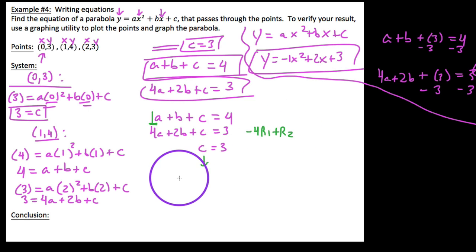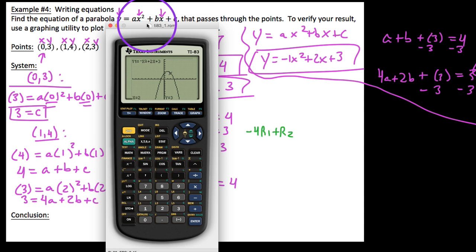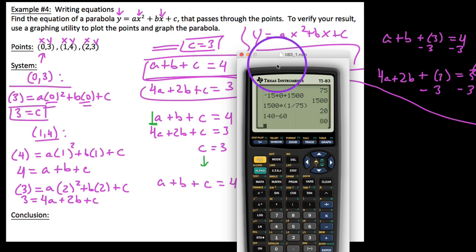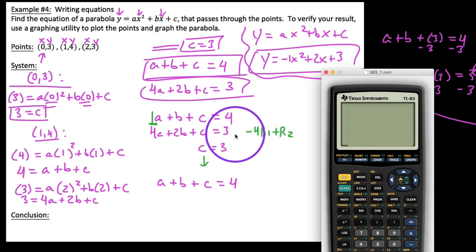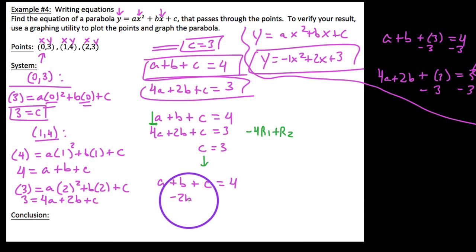So what that's going to do is it's going to produce a new system. Now equation 1 stays the same. Equation 2 though, let's get our calculators handy here. We know that if I were to take -4 times 1 and add it to 4 here, this would now become 0 a's. But if I take -4 times 1 here, and I add that to the second row, which has a 2 here for our b values, I get -2, so I get -2b.